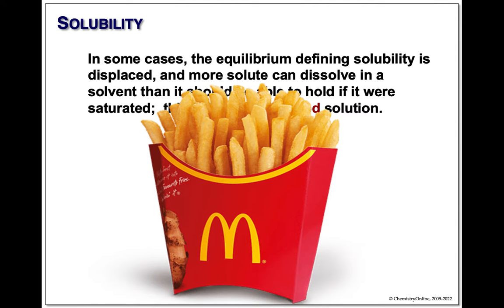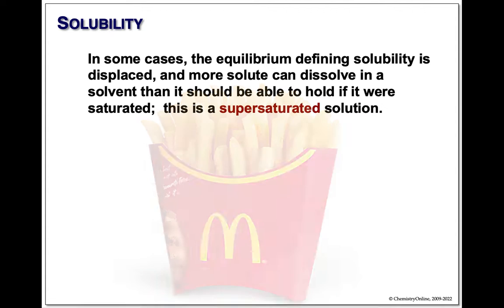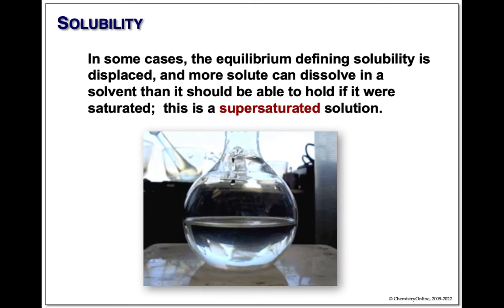Nonetheless, we can put more in there than we're supposed to. If we let sodium acetate cool slowly, and you don't even look at it, you can wind up with a solution with way too much in there.